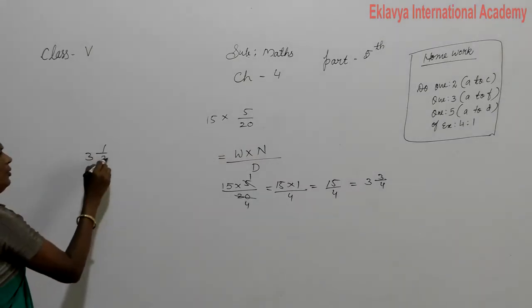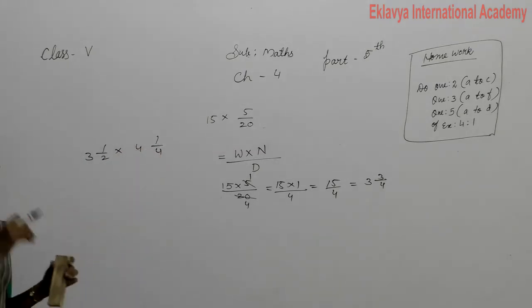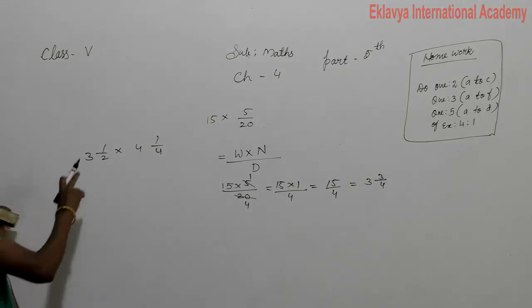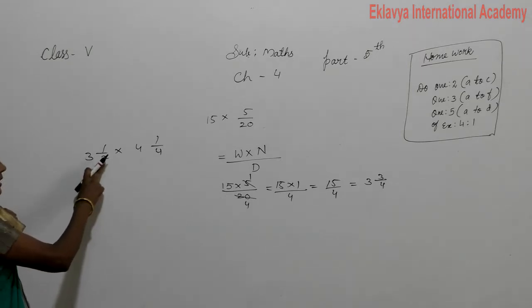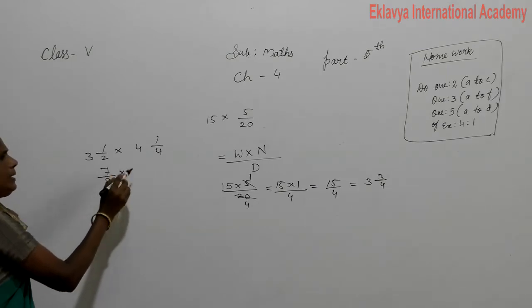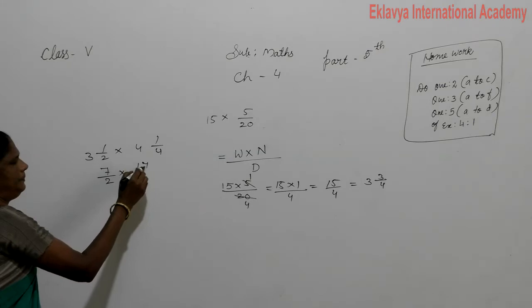3 1 by 2 multiply 4 1 by 4. First you convert mixed into improper. Then 3 2s are 6, 6 plus 1, 7. So 7 upon 2 multiply, 4 4s are 16, 16 plus 1, 17.